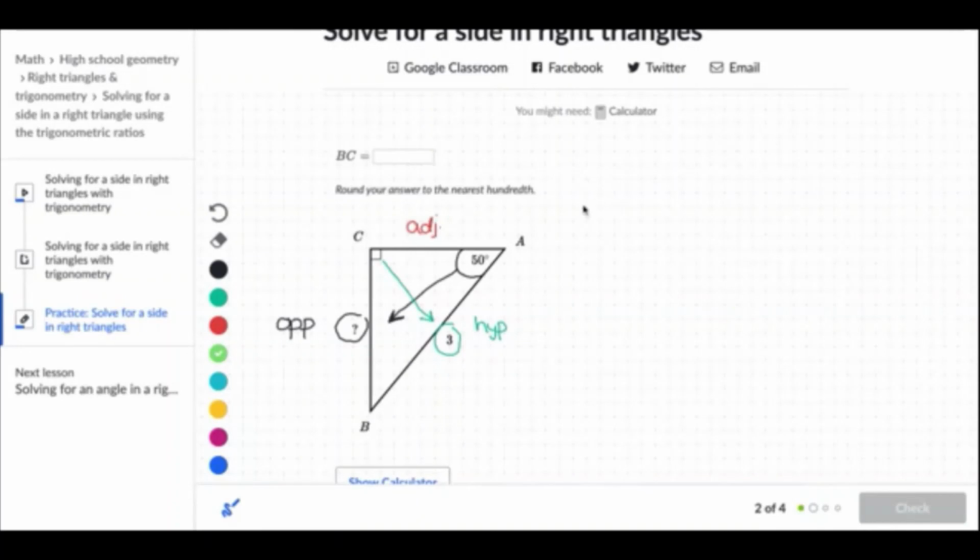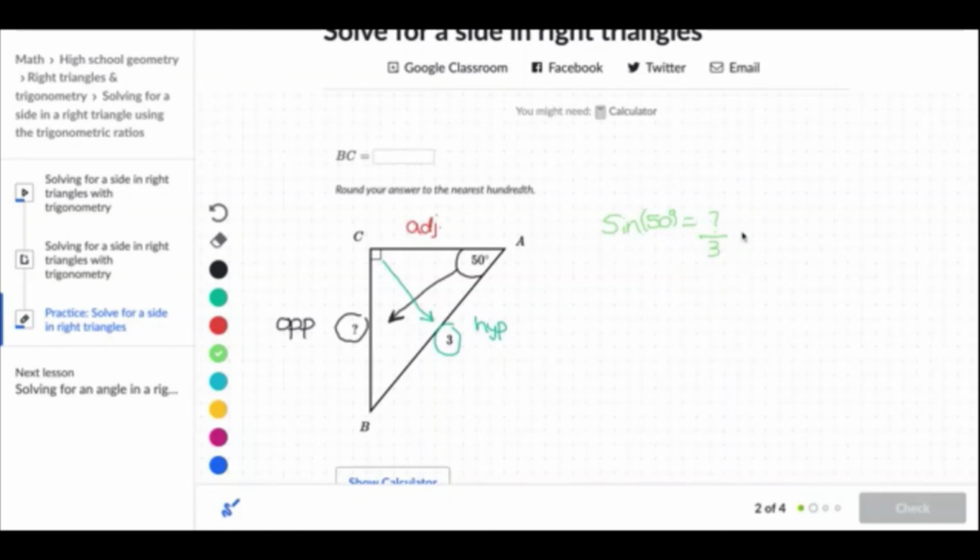So if we look at the 3 main functions, which is sine, cosine, and tangent. So if we look at sine, opposite over hypotenuse, that has both of them, so we can use that. So we're gonna go sine 50 degrees. Usually they put it like this, equals opposite over hypotenuse. So it's question mark over 3.